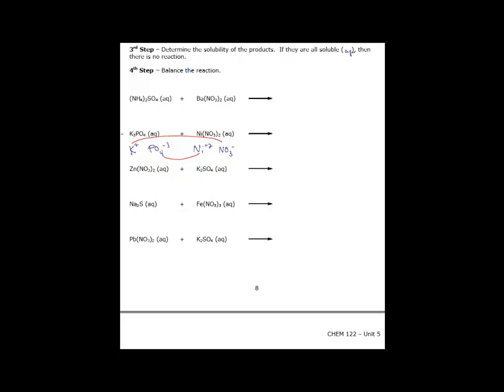This is the point where a lot of students make mistakes. If you write the incorrect formula for your product, you're going to have a very difficult time balancing these. So if it helps, in the beginning, you can write out your ions and then do the cross and drop from there.